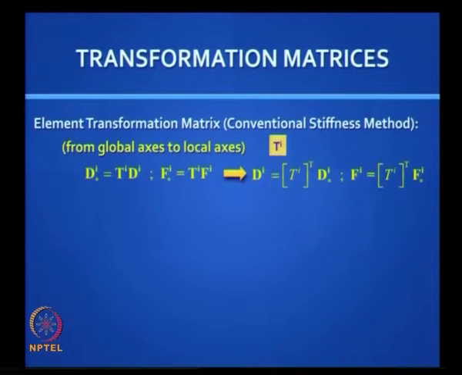So it is very easy to do the reverse switch, that is you can move from the local coordinates to the global coordinates, and we will see how this can be applied. So this is one major type of transformation we do.